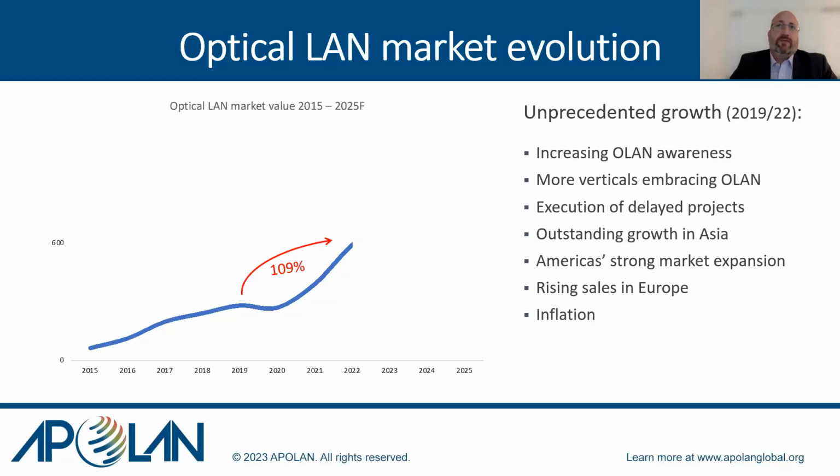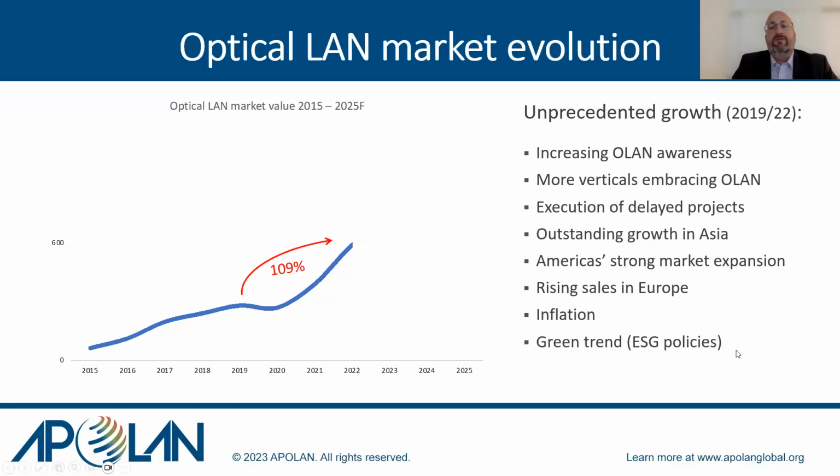Inflation probably had a double effect. On the one hand, of course, increasing the value of the optical local area network solutions sold, but at the same time, probably making companies and investors look for alternatives to conventional Ethernet networks, as passive optical networks or optical local area networks are much more economic than their counterpart in Ethernet.